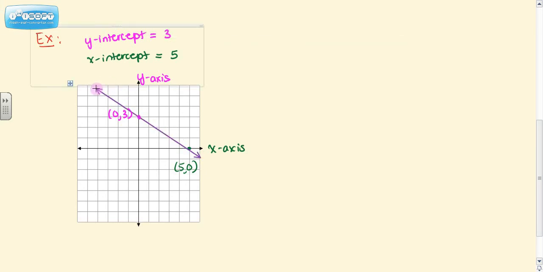So I need to draw a line across both points. And therefore, that is my line with the x-intercept at 5 and the y-intercept at 3. And I can come up with this equation by calculating the slope and using the y-intercept in the form of y equals mx plus b, or by coming up with the standard form of the equation of the line.